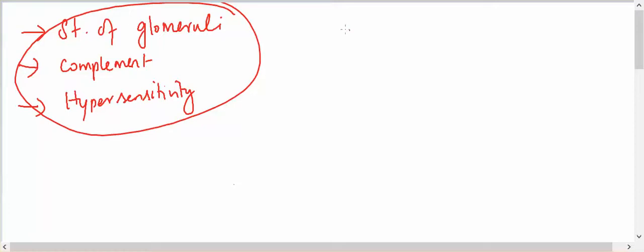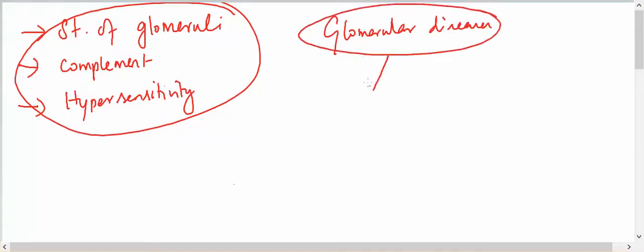Normally the glomerular diseases are classified into primary and secondary, and another one is hereditary.